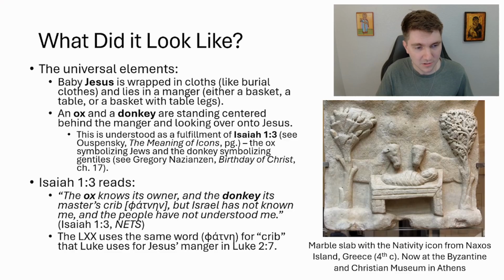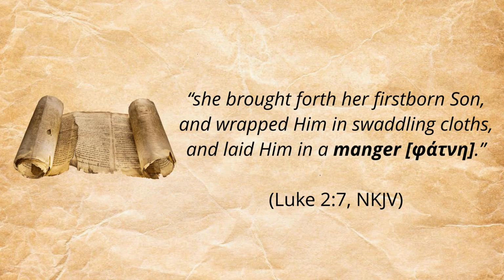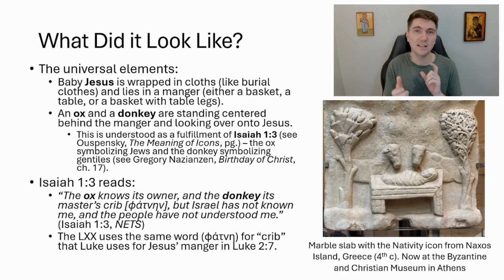And in the Septuagint, it actually says the phatnin, which is the same word that Luke uses for manger in his gospel. So there's a direct linguistic connection between the manger in Luke's gospel and the phatnin in the Septuagintal Isaiah 1:3. So if the early Christians were reading this in Greek, they would immediately recognize the connection. Oh my gosh, this is talking about the manger. This is a prophecy of Christ.